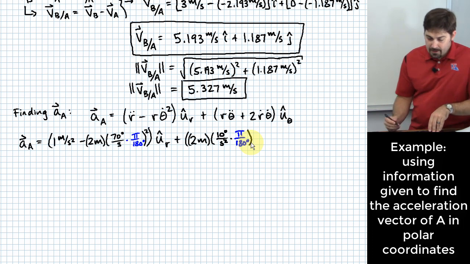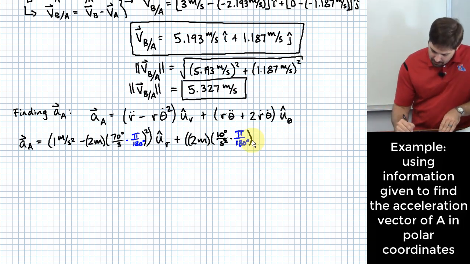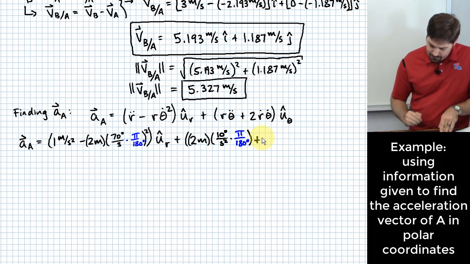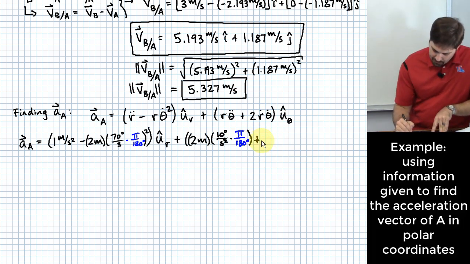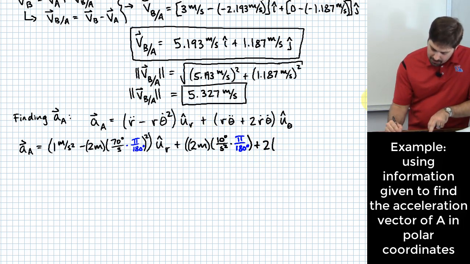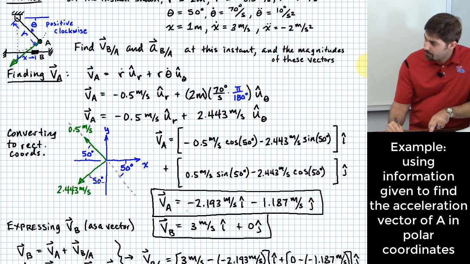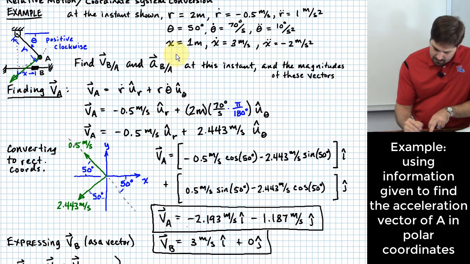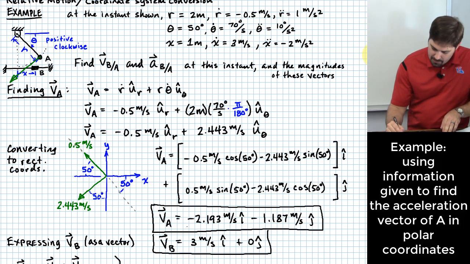All right, so then we need to add on to this if we have a Coriolis effect. So we add on 2 times r dot. I don't think we've used r dot yet here. So I go up here and r dot is negative 0.5 meter per second.